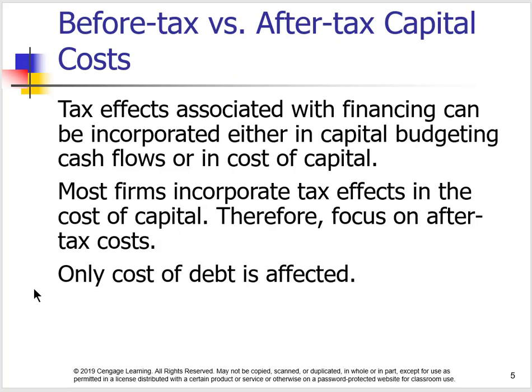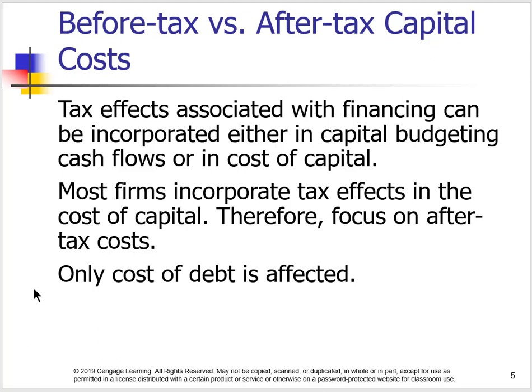So there is a before tax and an after tax capital cost. If the source of financing is influenced by taxes, then we are going to have to make an adjustment. Now, it's very simple. Debt is influenced by taxes. Equity is not. So we will have to adjust the cost of debt because we're going to have a before tax cost of debt and an after tax cost of debt.